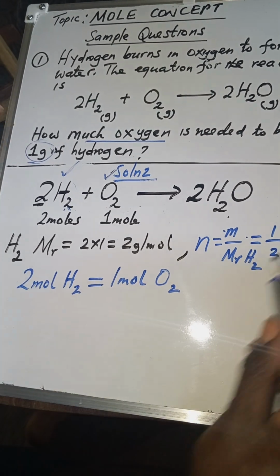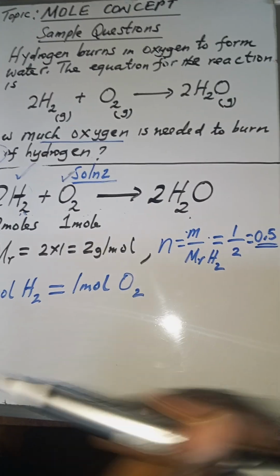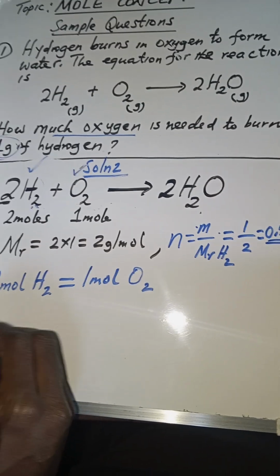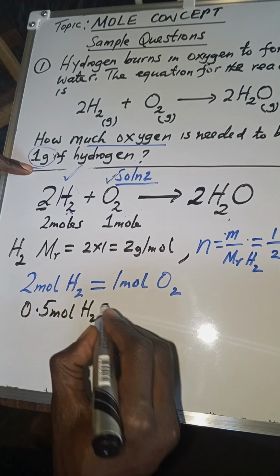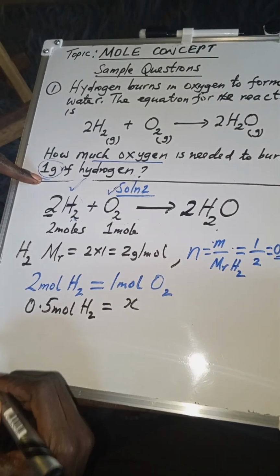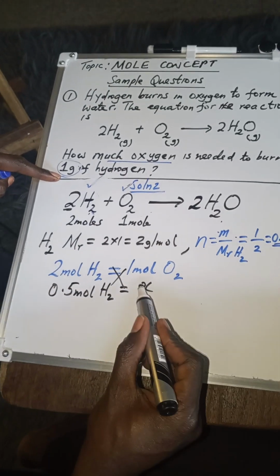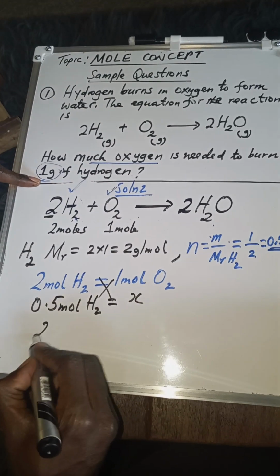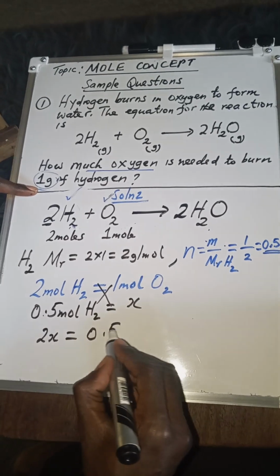Remember, the 1 gram we have converted to the number of moles. So I'm going to say, suppose I have 0.5 mole of hydrogen, then how many moles of oxygen will I need? We'll put x, then we'll cross multiply. x times 2 gives me 2x, which is equal to 0.5 times 1, which is still 0.5.